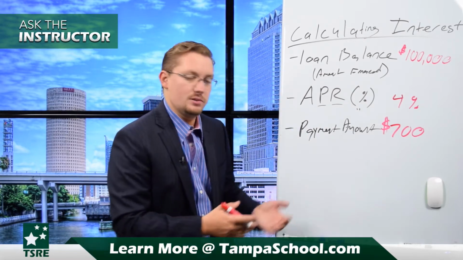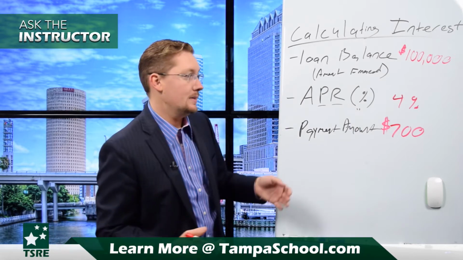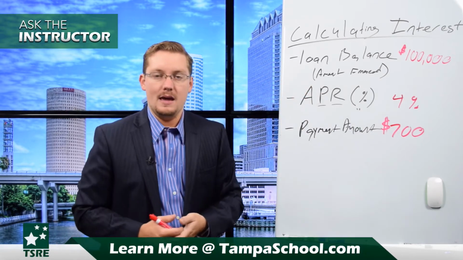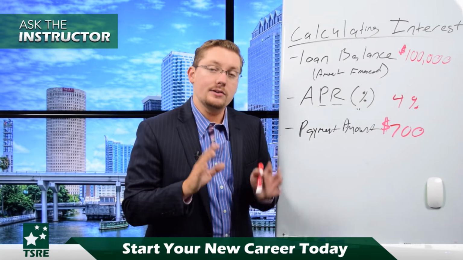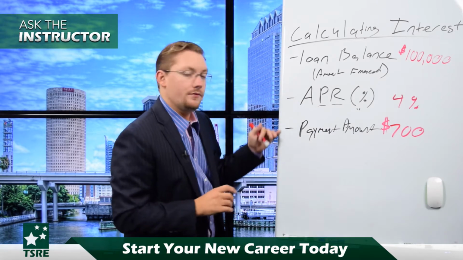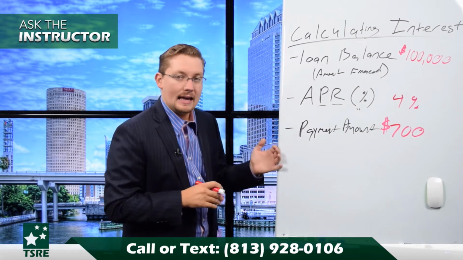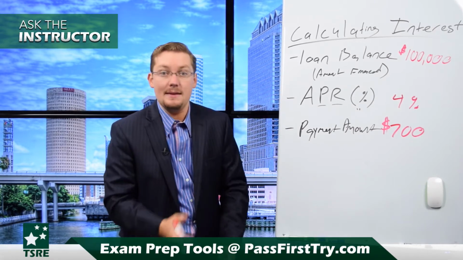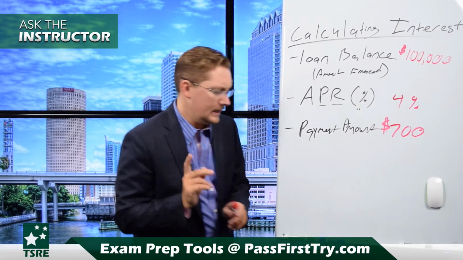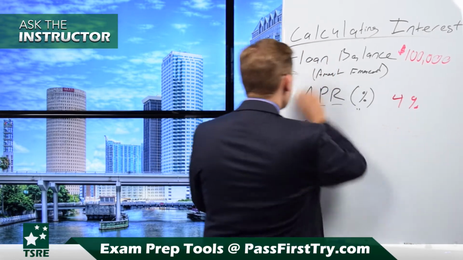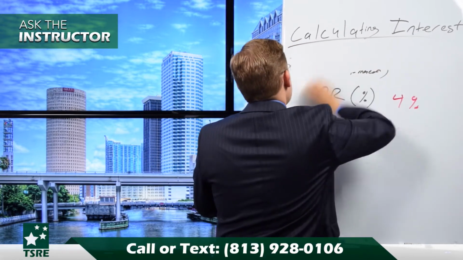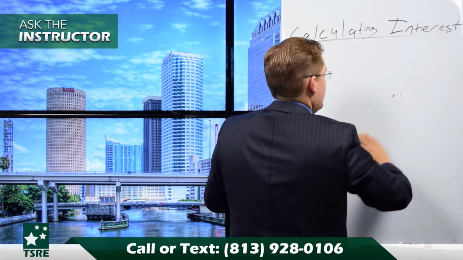What's the first month, or the second month, or the third month's payment towards the principal or interest? If you understand calculating interest, there's a few more steps. There's a little bit more work involved, but overall it's really not that much more difficult. So let's do a new example here, and let's pick out some numbers.